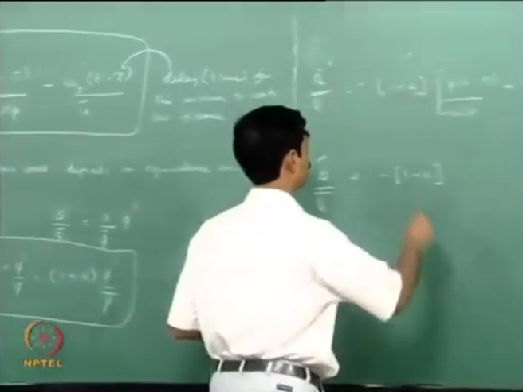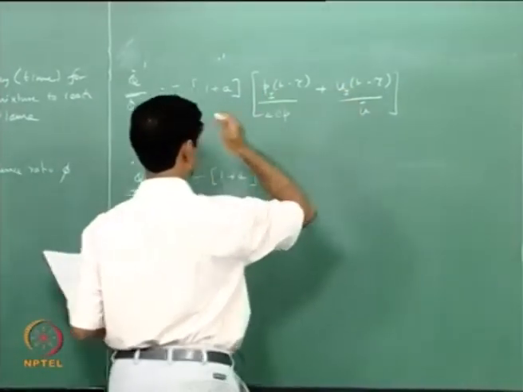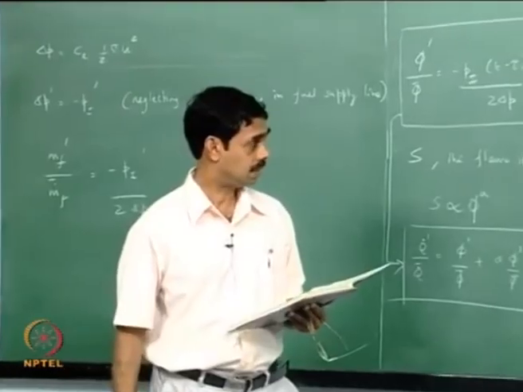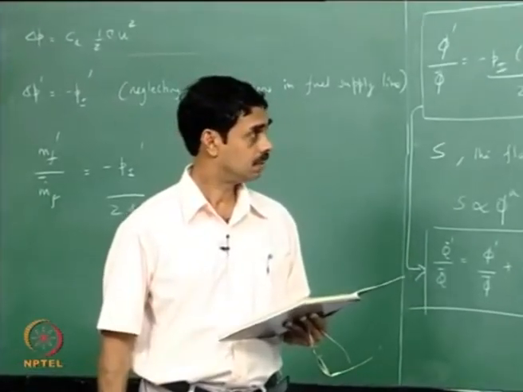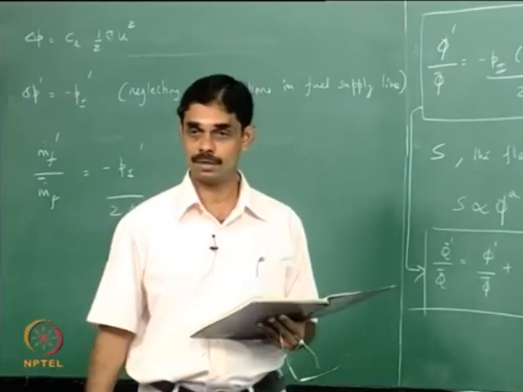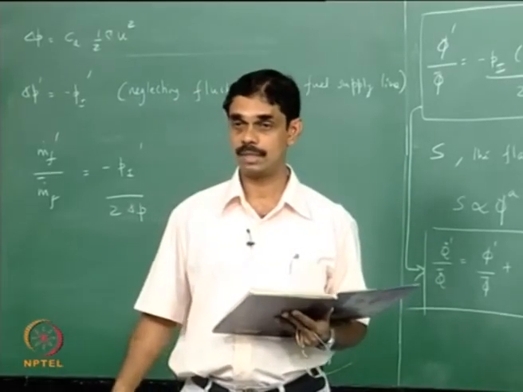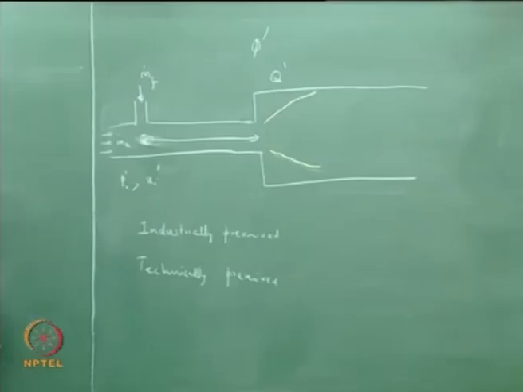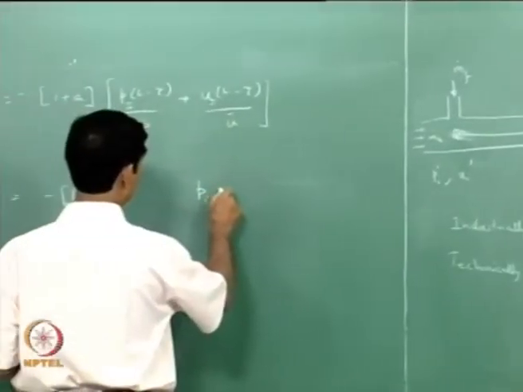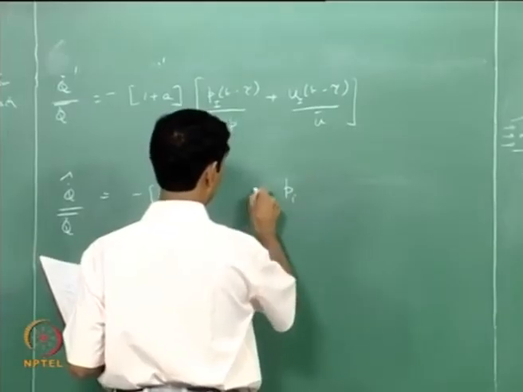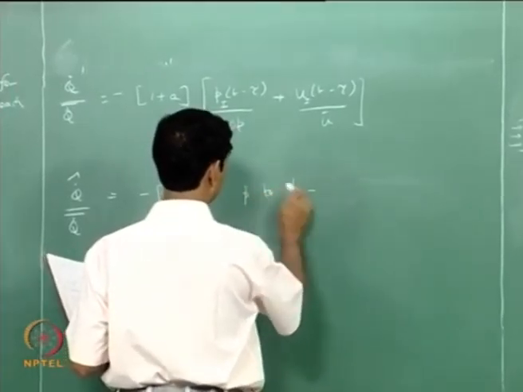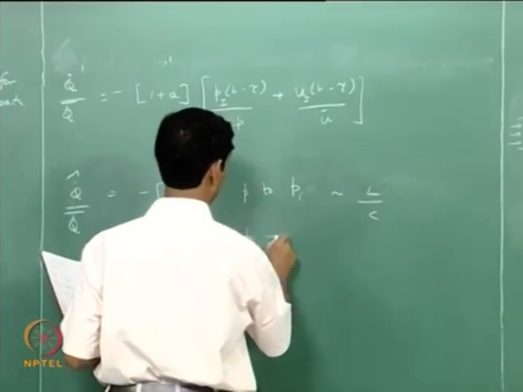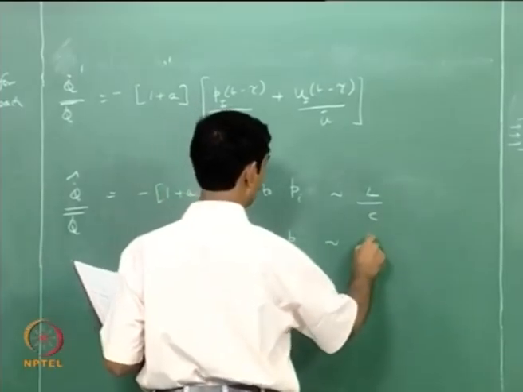Here the order of tau will be the convective L by u. And phi prime will have a relation to p prime which is of order L over c. So the total delay of phi prime with respect to p prime: p to phi prime would be of order L over c, and phi prime back to p would be of the order of L over u.